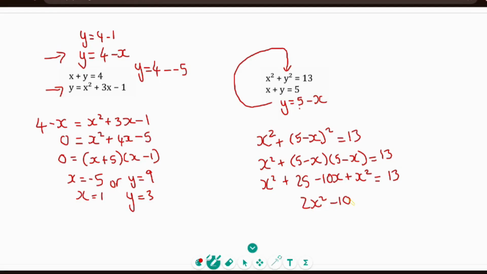Right, I'm going to take 13 off both sides. I'm going to divide everything by 2. Oops, that's an x there. And then I am going to factorise.